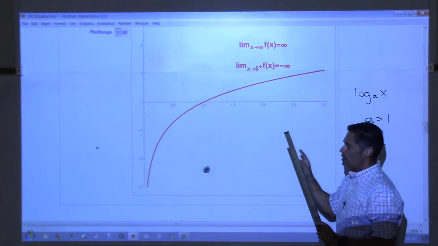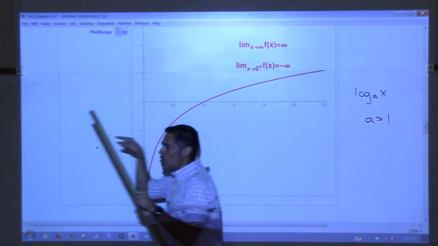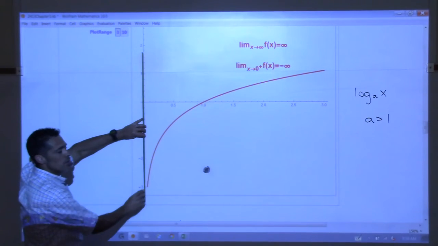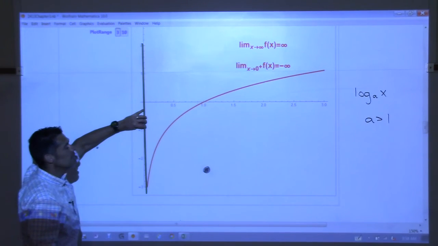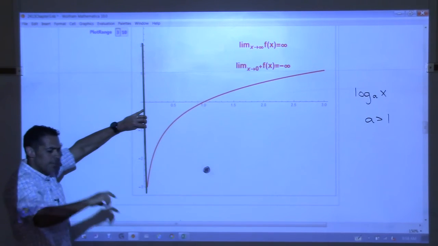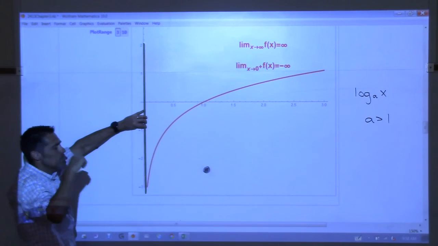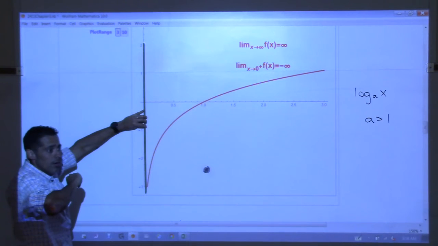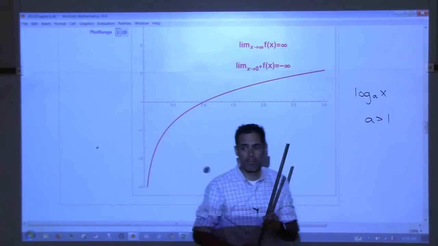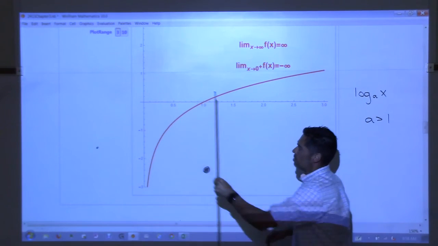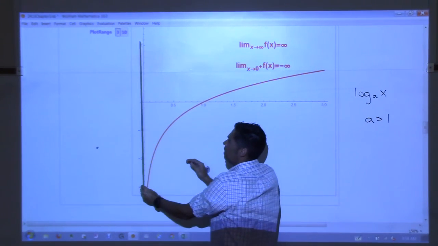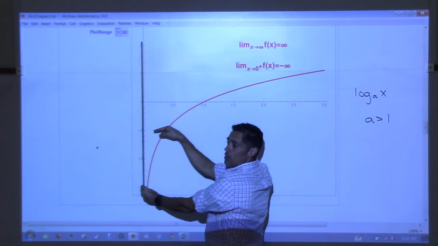Now, here's the thing about logs. I cannot go to negative infinity because there's a domain restriction on logs. This is the y-axis. You cannot plug a negative into a log. Do you remember that from college algebra? If you type it in your calculator right now, try and do log of a negative number, it's going to give you an error. That's because you can't plug negatives into logs. All right? So we can't talk about going to negative infinity. What we can talk about is what happens as we approach 0.